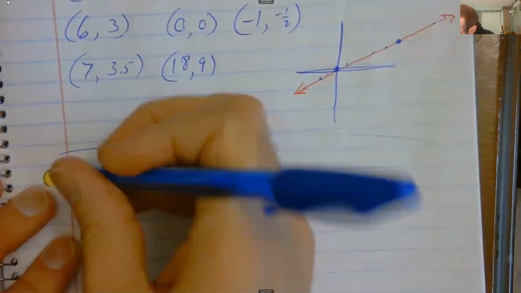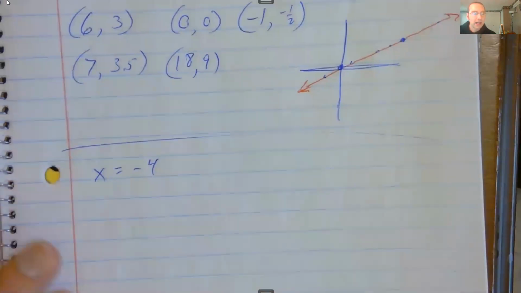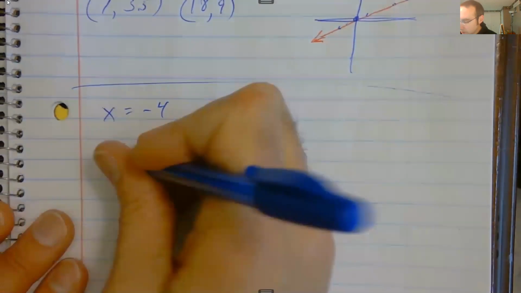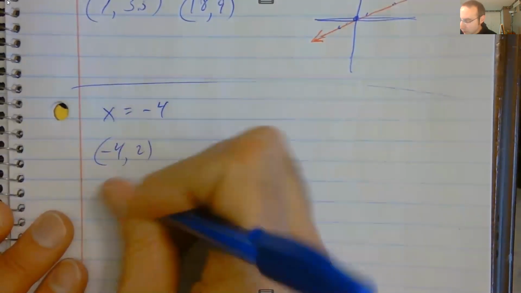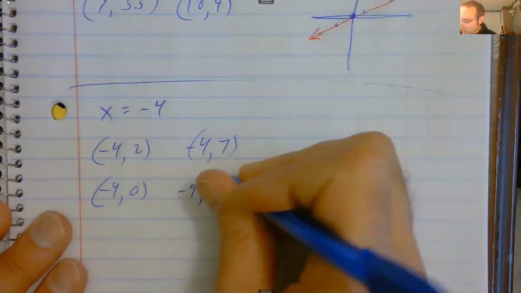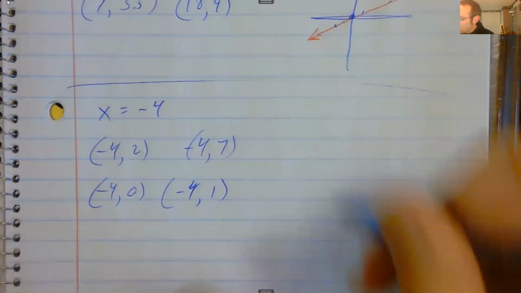Okay, I'm gonna do just kind of one more quick one like this. How about the equation x equals -4? Again, thinking about all the points that would make that true: -4, 2, -4, 0, -4, 7, -4, 1. Any point that has an x value of -4.